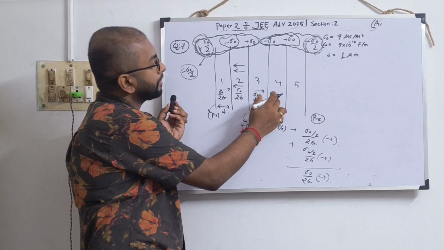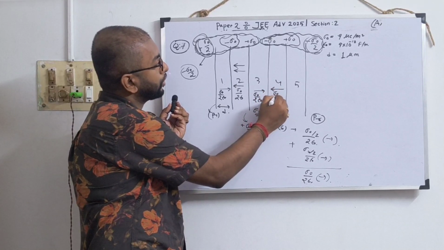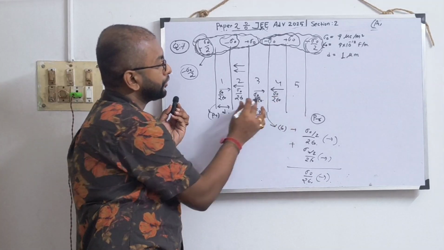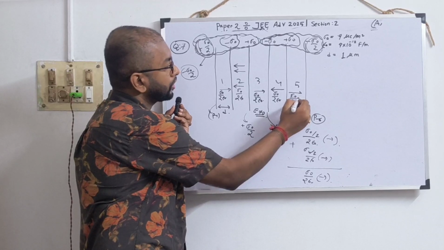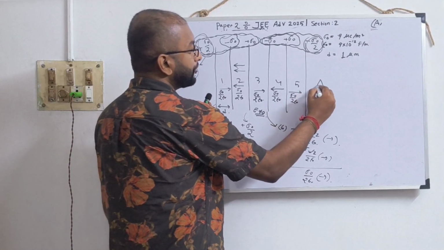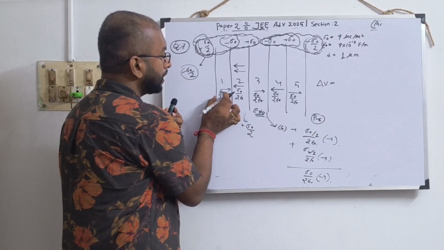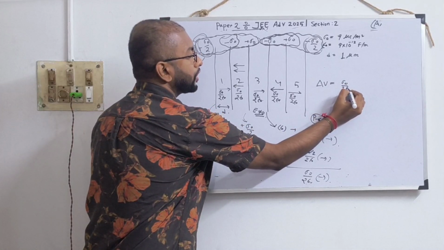Again, on this side also we will get sigma naught by 2 epsilon naught towards left. And this plate also, because it is symmetrical, gets sigma naught by 2 epsilon naught towards right. So to find the potential difference, delta V is minus E dot dr. In this region, E dot dr is going to be sigma naught by 2 epsilon naught into d.